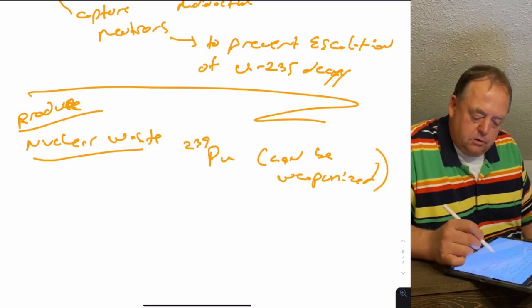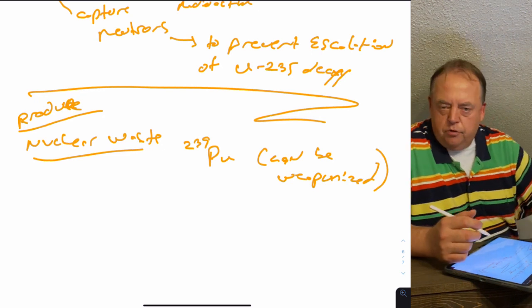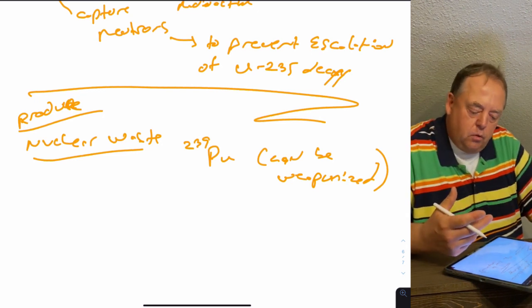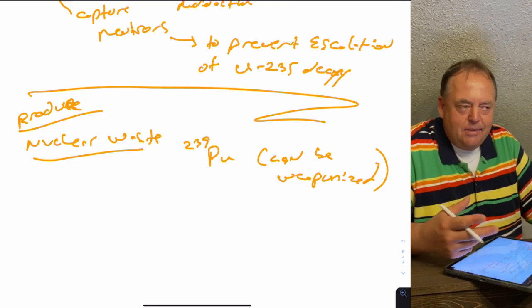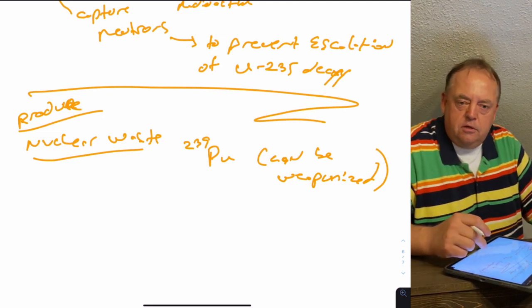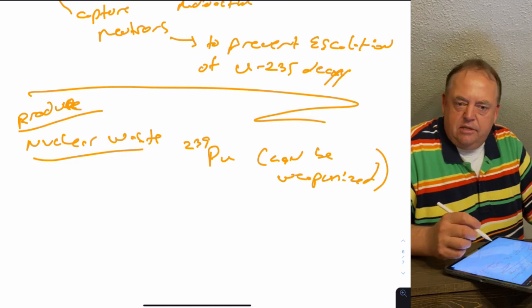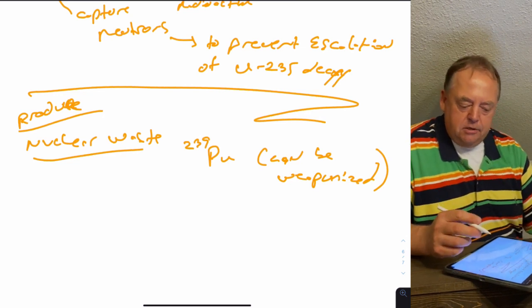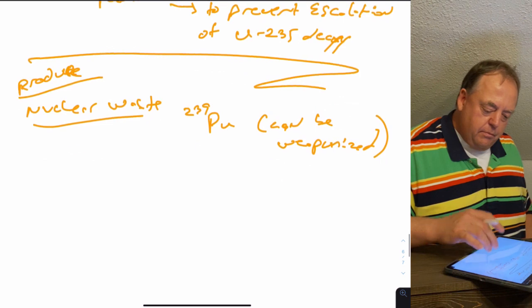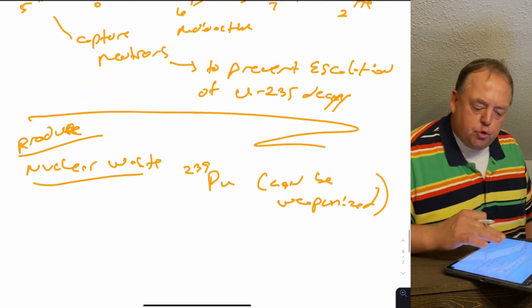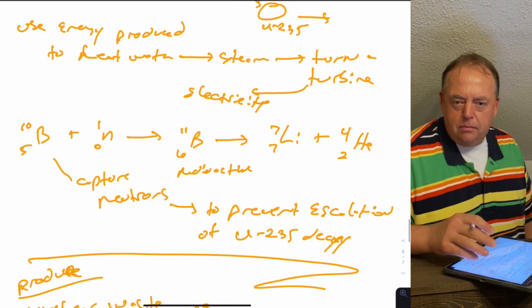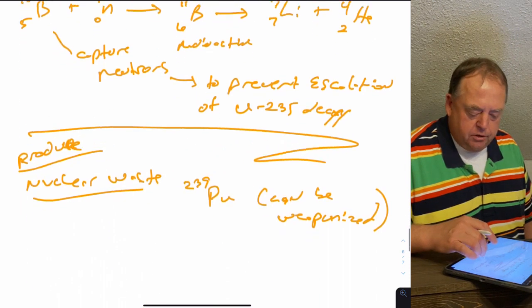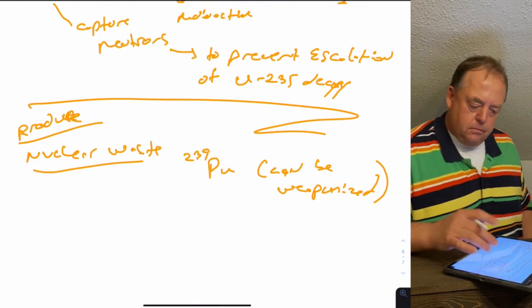So obviously there's some controversy with reprocessing the nuclear waste as well, because if you concentrate and purify the plutonium-239, then that could potentially be funneled off into terroristic activities or something like that, because it can be weaponized. But other than that, nuclear power is an extremely clean source of energy, so long as there aren't any problems and you have an effective way to deal with the nuclear waste that comes out.